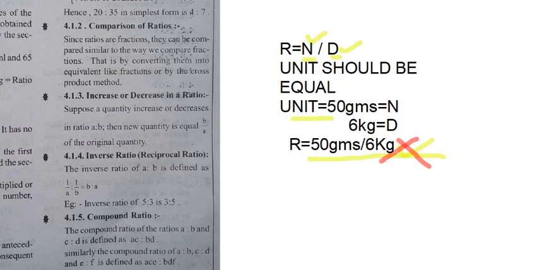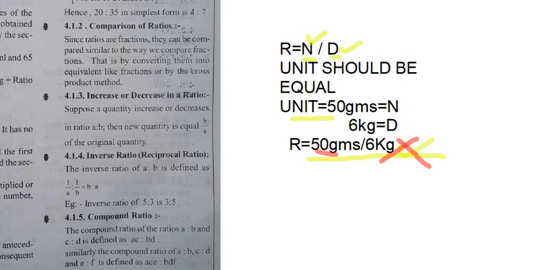Here 50 is in grams and 6 is in kgs. These grams and kgs are different units.